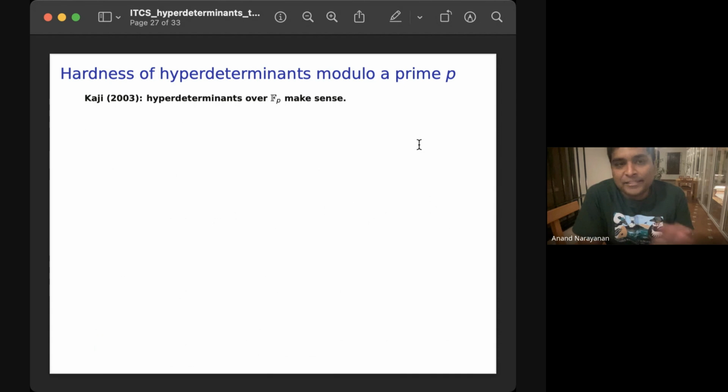So things like tangents, the Gauss map show up, and some of these need taking partial derivatives. These don't work well once you have finite fields, right? But in this very special case, Kaji proved that hyperdeterminants over finite fields make sense. So we can use that theory to try to derive hardness results for hyperdeterminants modulo a prime.